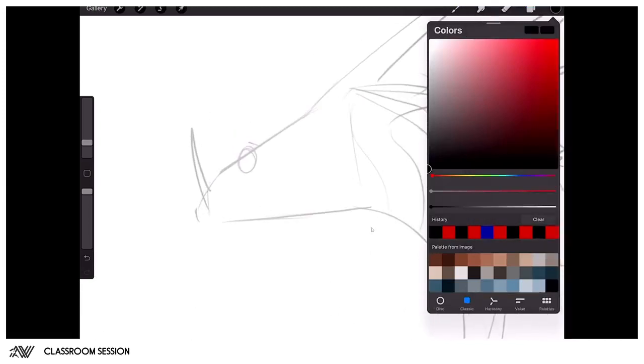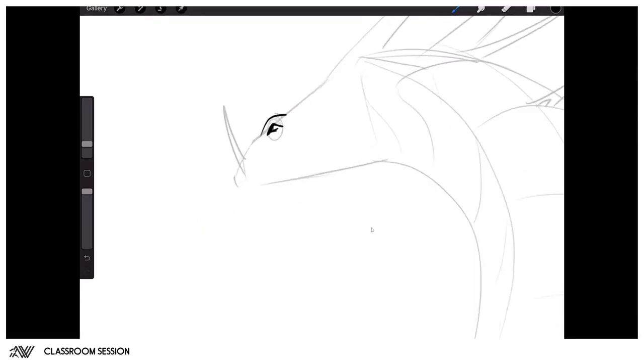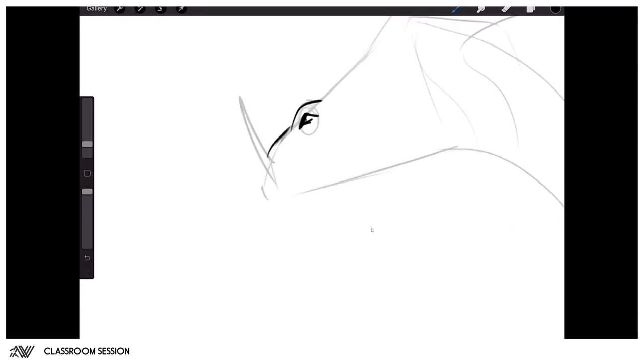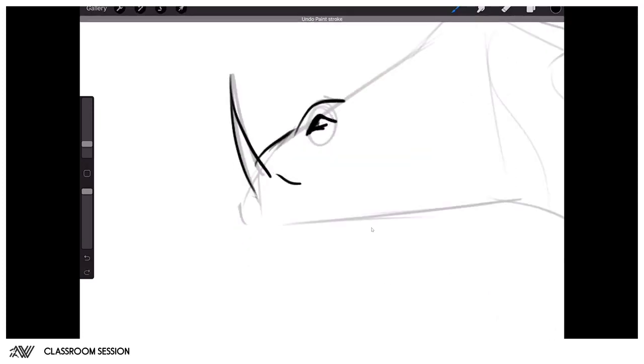And then you can go in and maybe add those more organic shapes, right? The things that you've learned from your animal of day 2, right?